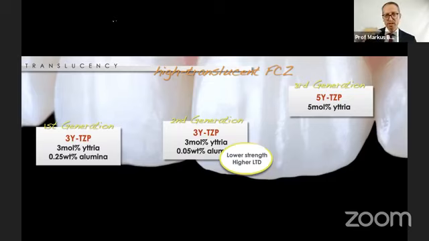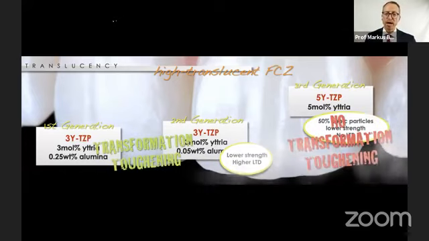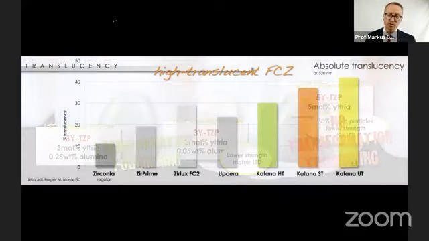When I increase the amount of cubic zirconia, the zirconia becomes more translucent. But what also happens is that it becomes weaker. The fracture strength of the cubic zirconia is less. So we need to understand that these high translucency zirconias that we have available now don't undergo transformation toughening.